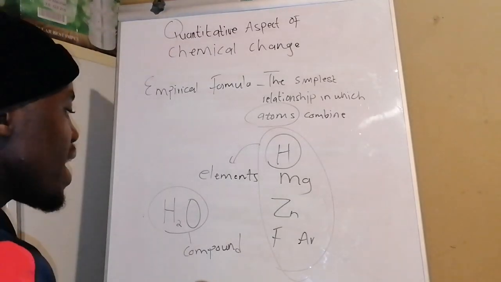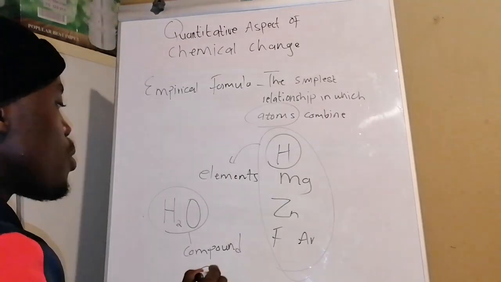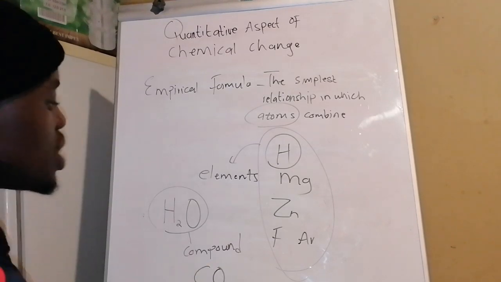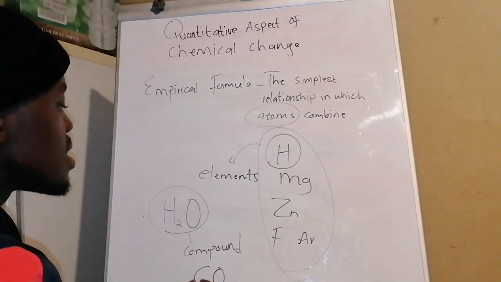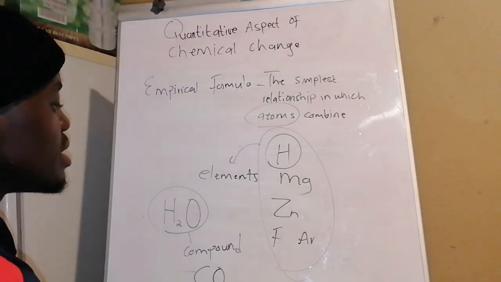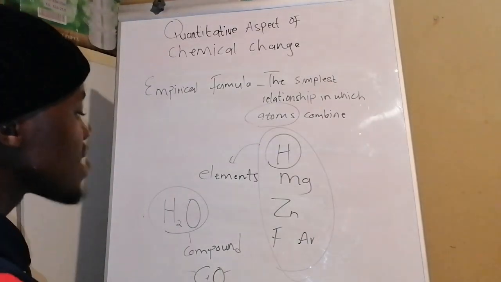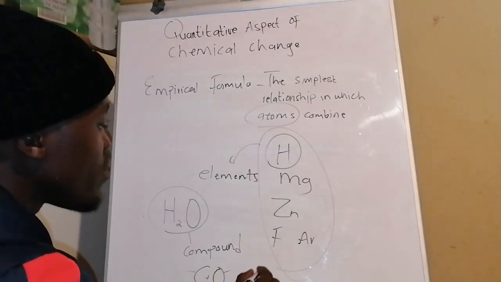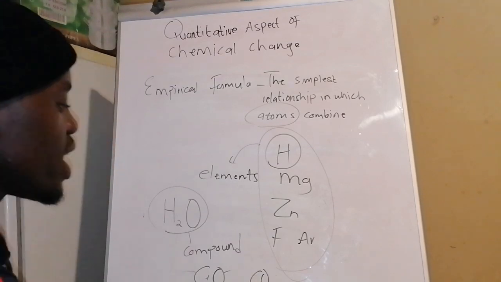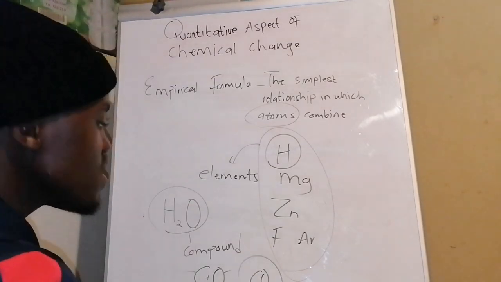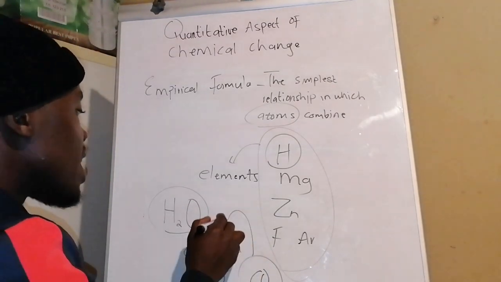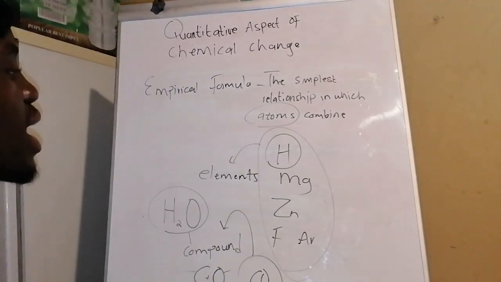I can combine carbon with oxygen. So this is an element and this is an element. But as I've combined these elements, now I have what? CO2, right? This CO2, or carbon dioxide, is known as a compound.